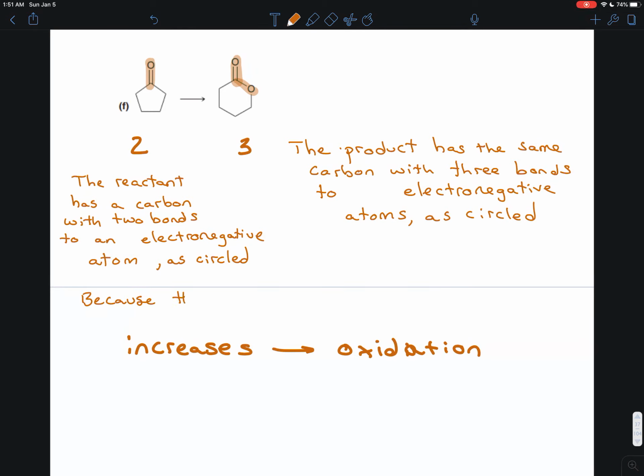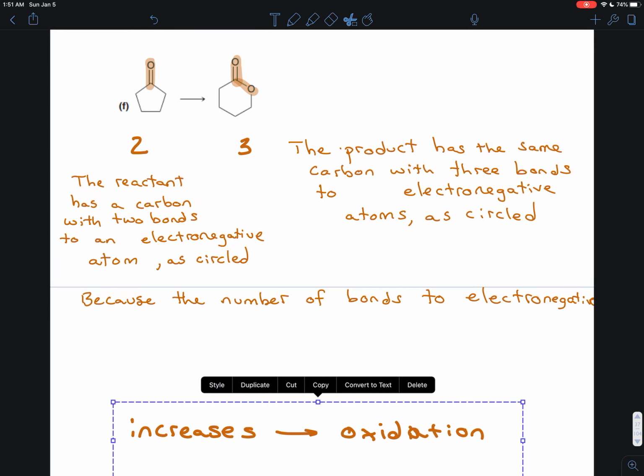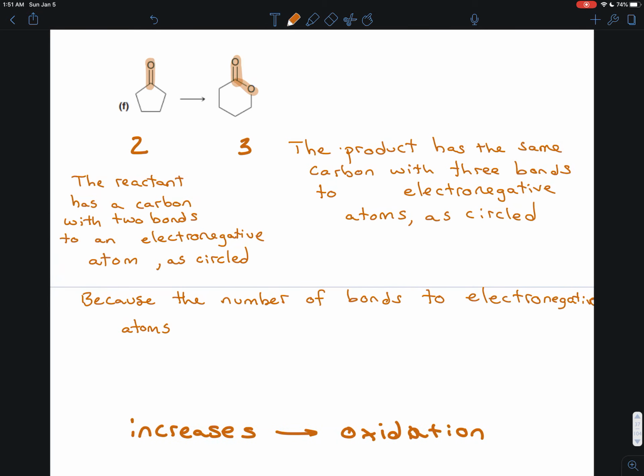Because the number of bonds to electronegative atoms increases, the carbon becomes more positive and is oxidized.